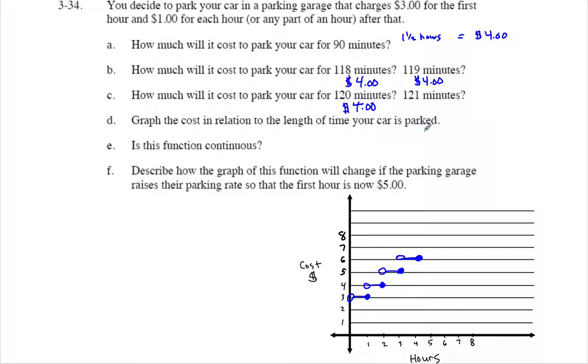There we go. Now, 121 minutes, we do go across the line there. After 2 hours, we're over 120 minutes, which means the 121st minute, we're getting another dollar charged. So for 121 minutes, we're going to be charged $5.